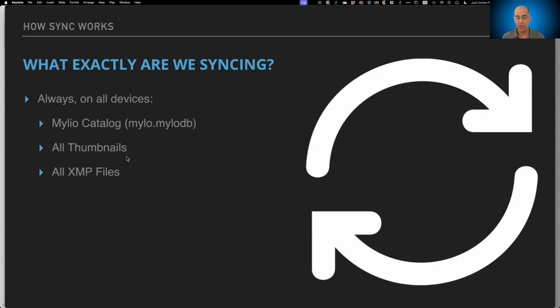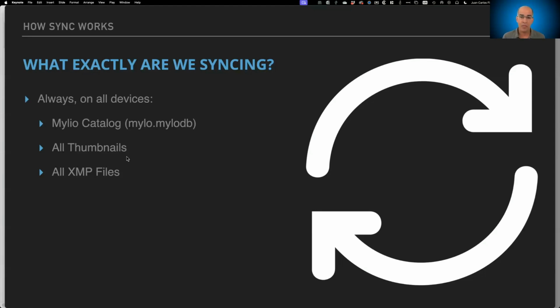For those of you not familiar with XMP files, an XMP file is a sidecar file. It's a file that lives next to the image file in your file system in Mylio. The purpose of this file is to keep the metadata changes that you make in Mylio.